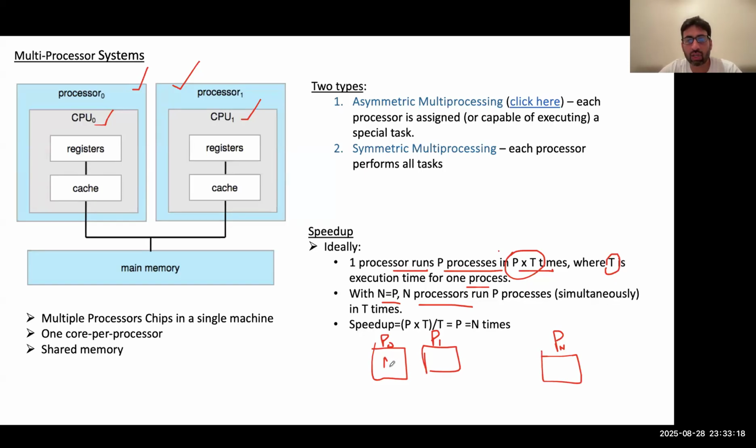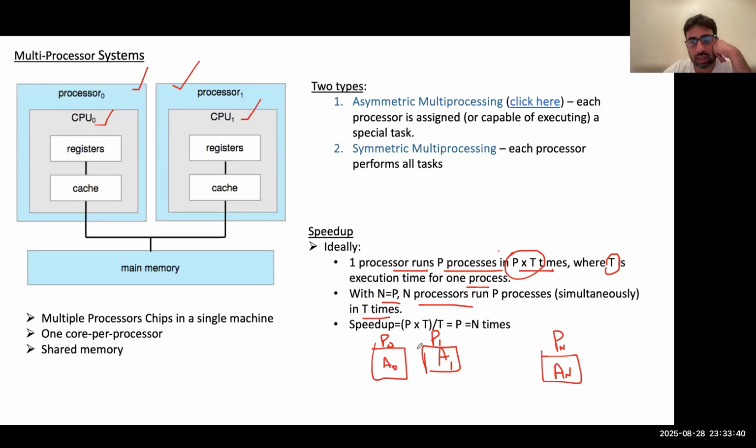So I can run application A0 on P0, I can run application A1 on P1, and I can run application An on Pn, right? Since all of them are running at the same time but on different processors, all of them can complete in t time, right?